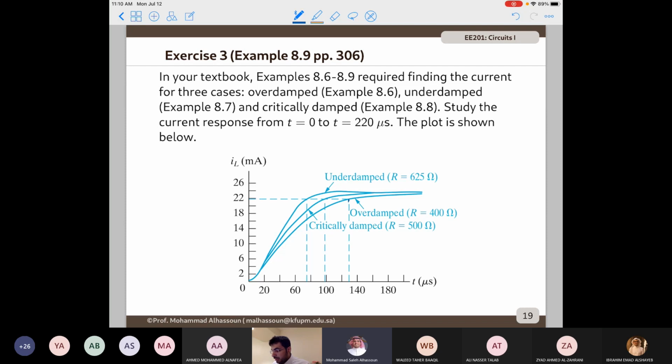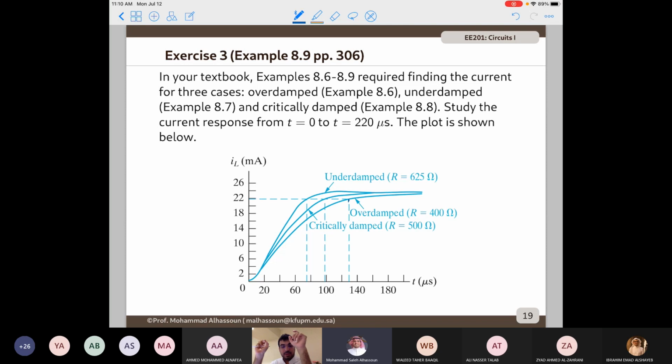Also the underdamped, but the problem with the underdamped is there's an overshoot. There's current that goes beyond or above the final value, and this could cause trouble in some circuits.